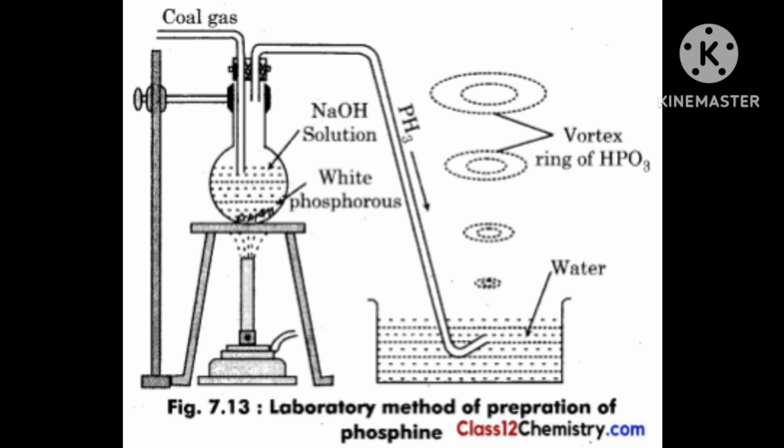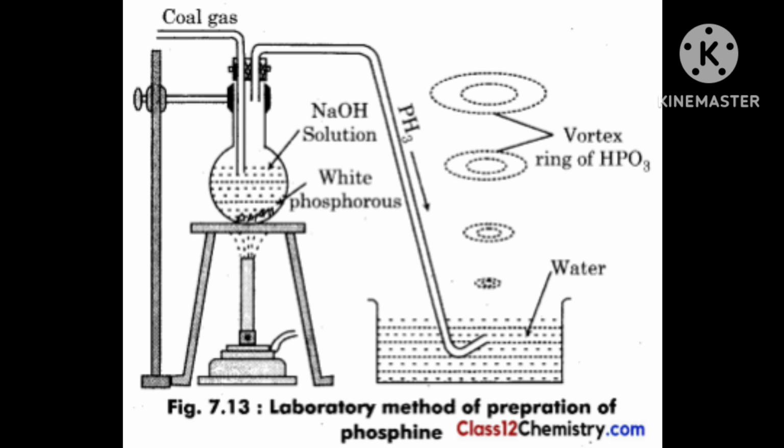This PH3 solution will decompose in presence of light, and it will give red phosphorus and hydrogen gas. This is also a production of red phosphorus from PH3.